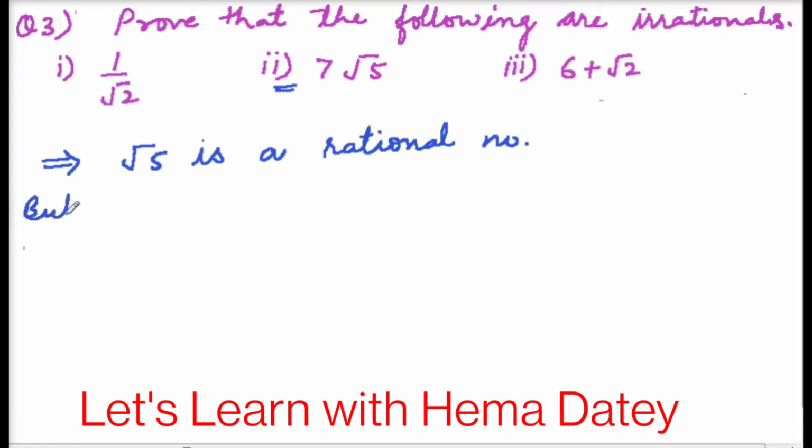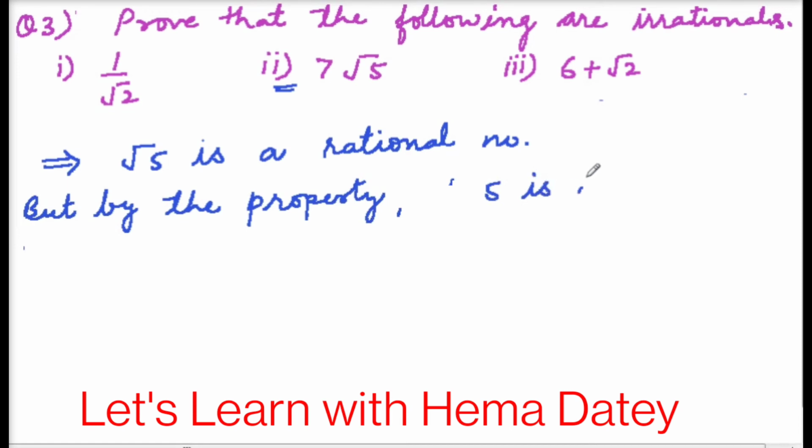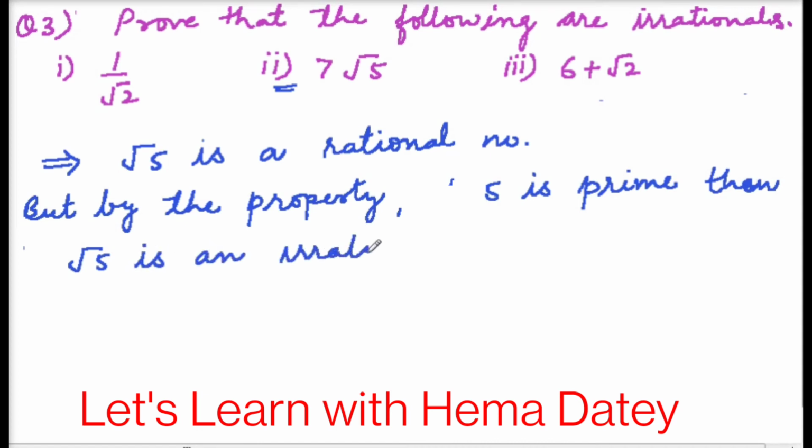But by the property we know that 5 is a prime number, then square root of 5 is an irrational number. So again there arises a contradiction.